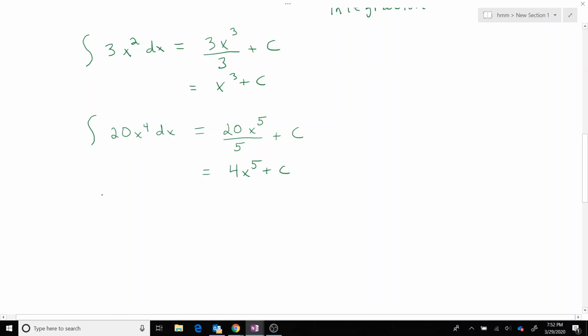Let's do another one. Let's suppose I want to integrate the following: 5x squared plus 3x plus 7. Now, gentlemen, I would imagine some of you guys might be asking, hey, Mr. Bender, why in the world are these dx's appearing here? Why are they there?